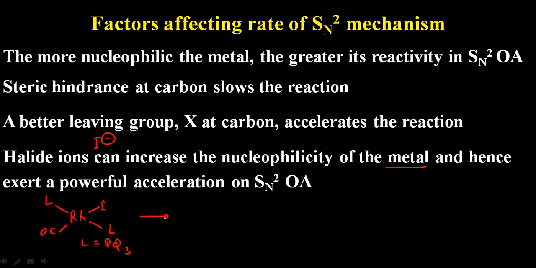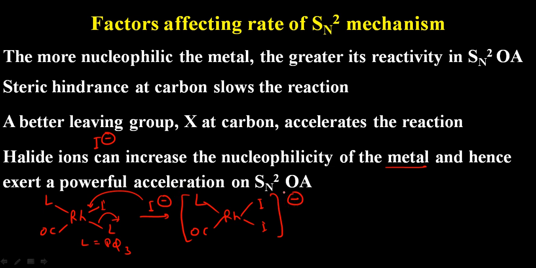If we initially add some inorganic iodide, this I negative will attack the metal center and remove one of the ligands, which is triphenyl phosphine. So this will result in the formation of a diiodide complex. Now because of the presence of this I negative ion, the nucleophilic nature of the metallic center is increased. Now this can react in a better way with methyl iodide because we have increased the nucleophilicity.